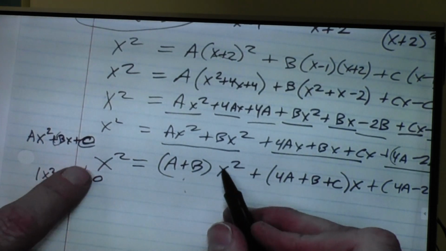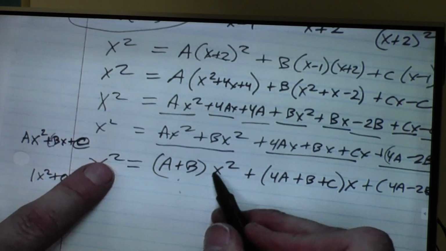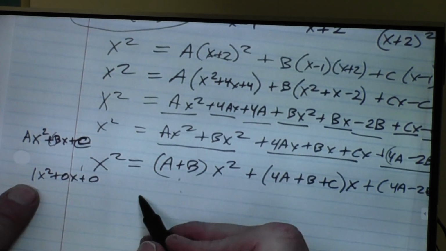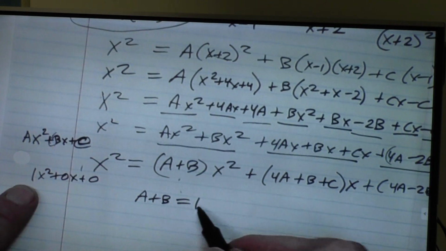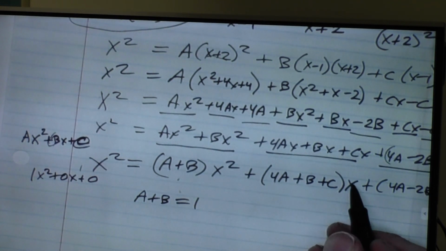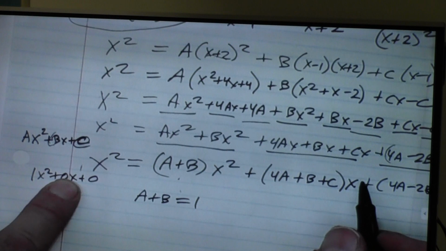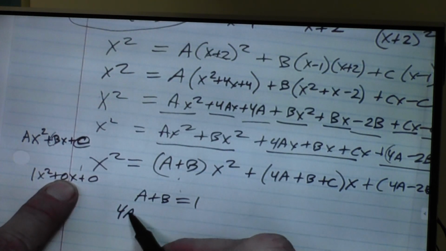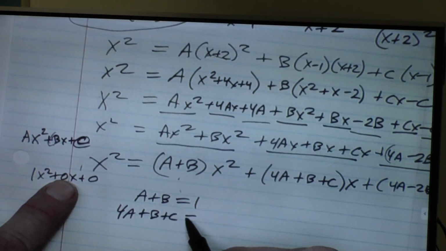The x squareds are the same, so the a plus b equals the coefficient. The 4a plus b plus c is the coefficient of the x, and the coefficient of the x is 0. So I have 4a plus b plus c is equal to 0.